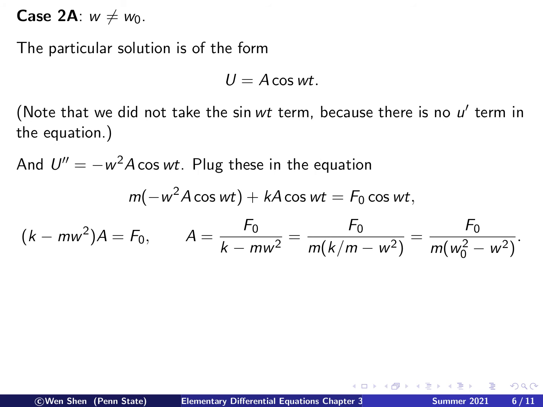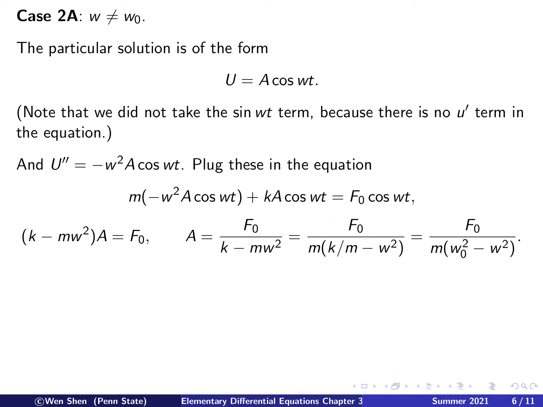Okay, let's find the constant capital A. So u double prime will be negative w squared times A times cosine wt. So we can plug this into the equation. This is m times u double prime plus k times u equals f.